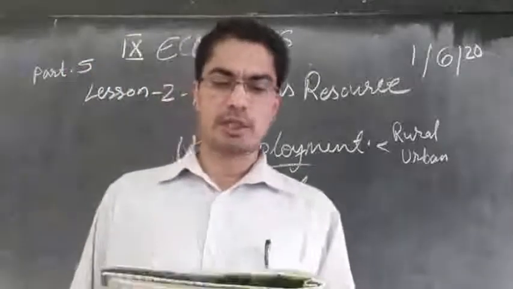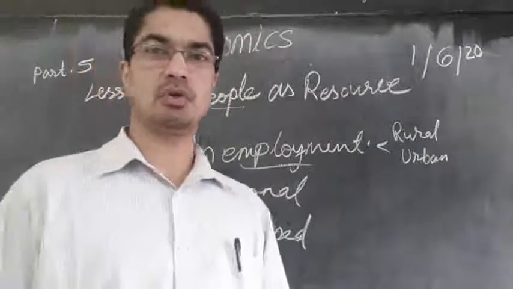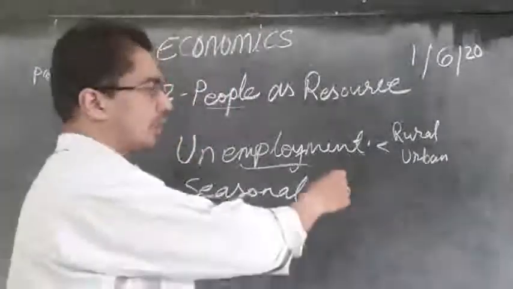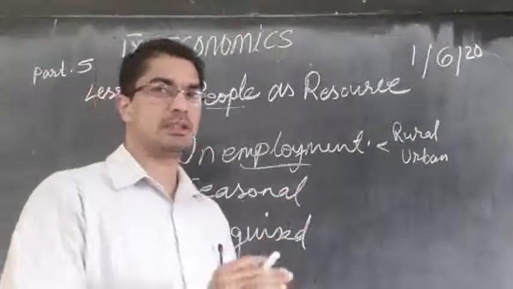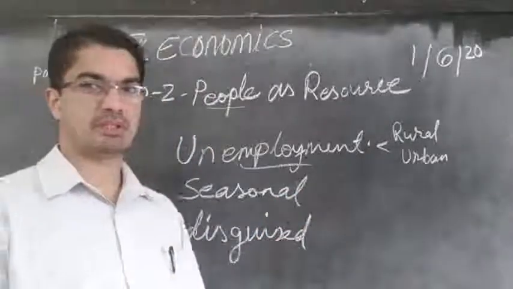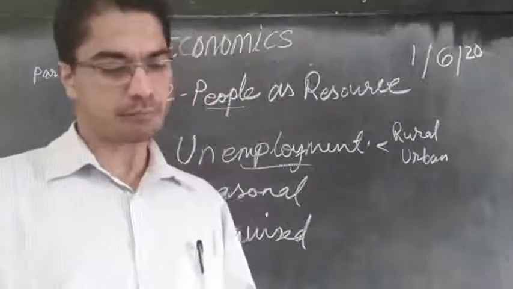However, the nature of the unemployed differs in rural and urban areas. So we have unemployment in rural and urban areas, but in both places we will not find the nature of the unemployment same. It will be different from one place to another.